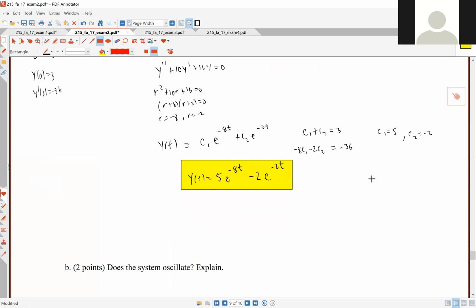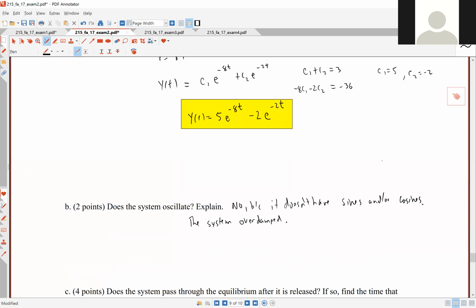Does this system oscillate? No, because it doesn't have sines and or cosines. The system that we're working with now is overdamped. There's too much damping on this.